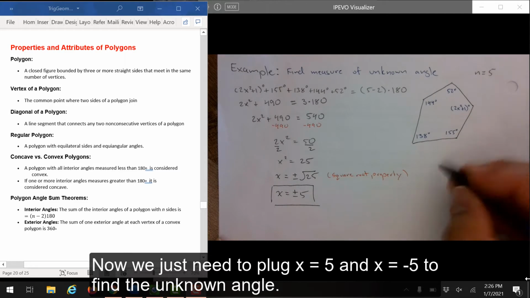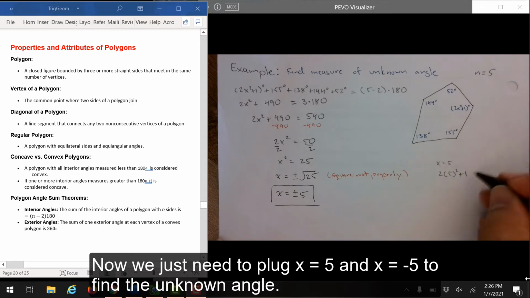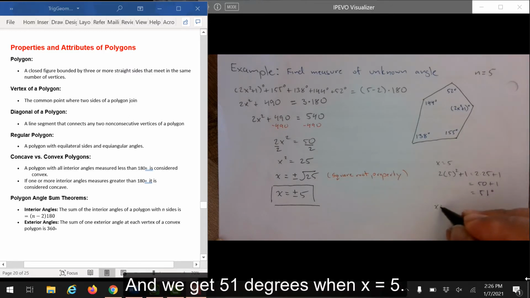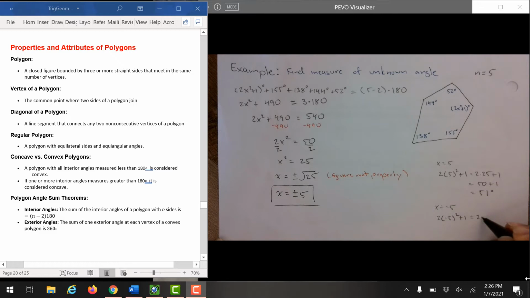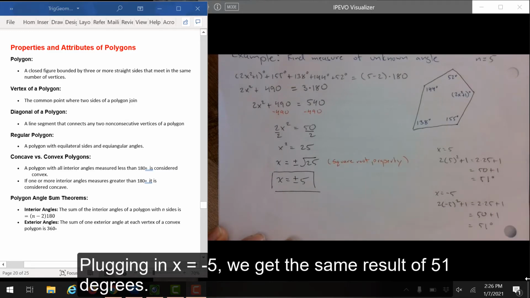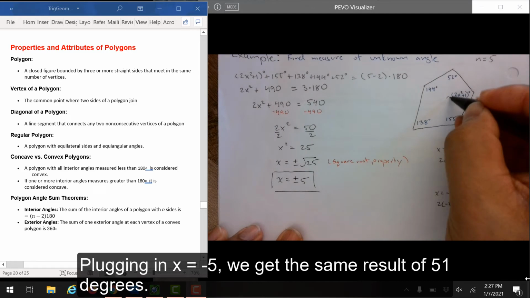Now we just need to plug x equals 5 and x equals negative 5 to find the unknown angle. And we get 51 degrees when x equals 5. Plugging in x equals negative 5, we get the same result of 51 degrees.